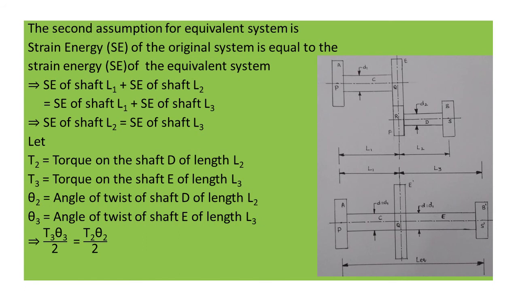It implies T3 theta 3 by 2 equals T2 theta 2 by 2. It implies T3 by T2 equals theta 2 by theta 3. Let us say this is equation 3.